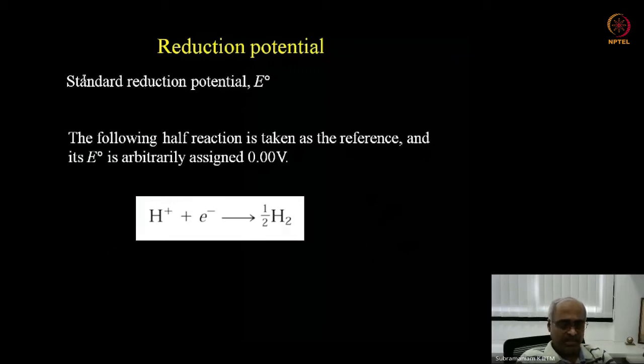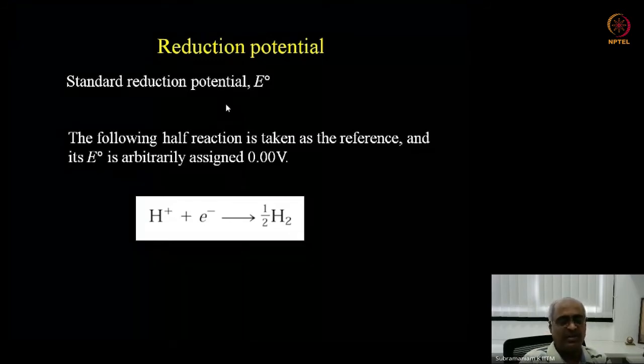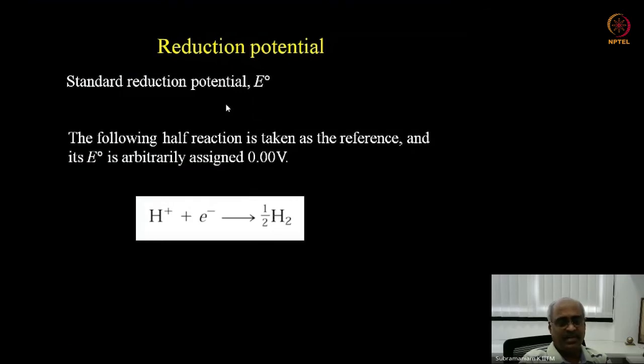Within reduction potential, we define a term called standard reduction potential. Standard reduction potential means when everything is at 1 molar concentration at temperature 25 degrees. And if it is a gas, it is at a certain partial pressure, which is taken as the standard. That value will be there when we look at the fuel cell in the next slide.